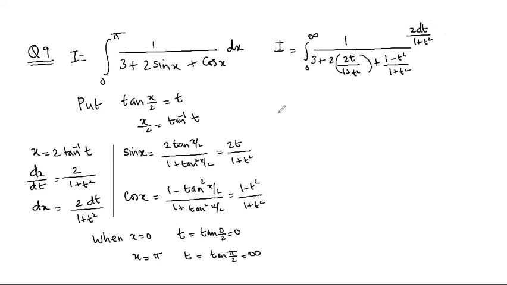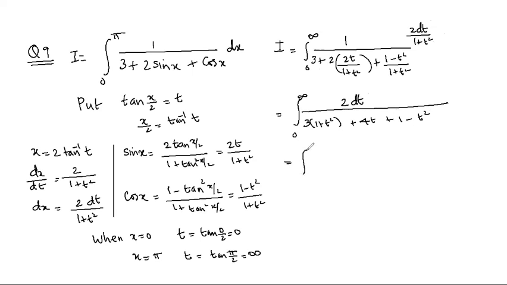If you take the LCM, 2 dt upon 3 into (1 plus t square) plus 4t plus (1 minus t square). So calculate and tell me what will be the denominator.